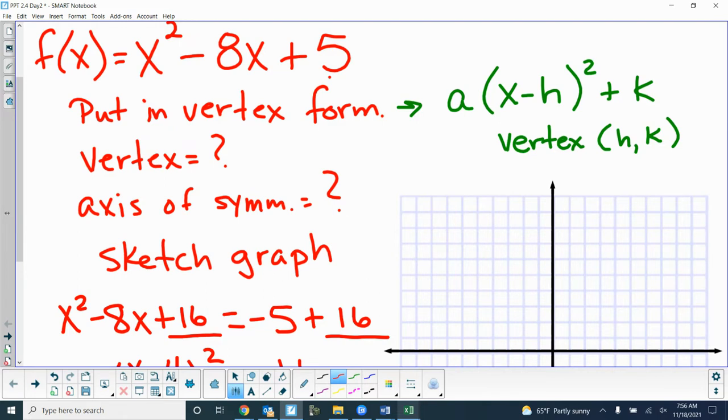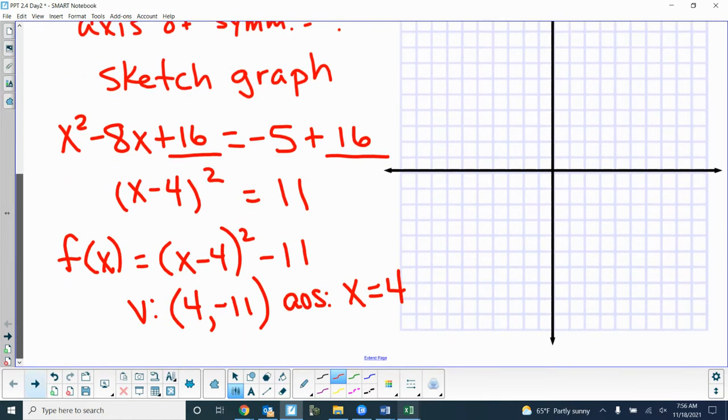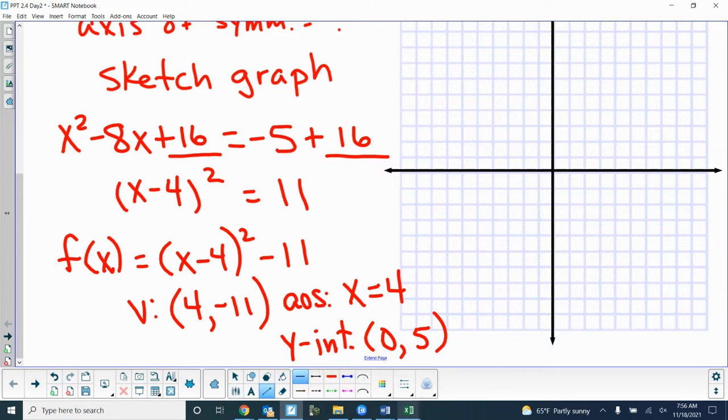All right? So the y-intercept, I need that to help me sketch it. It's always 0 something. It's the c value. Just looking at the original part of the problem when it's in standard form. Okay, so my axis of symmetry is 4, right? 1, 2, 3, 4.